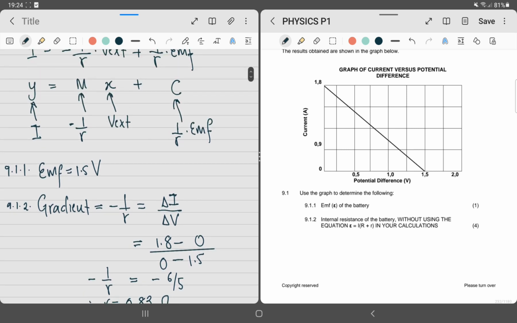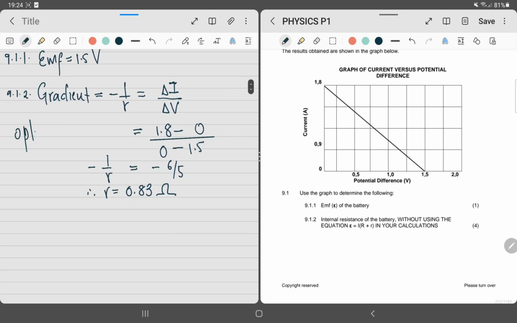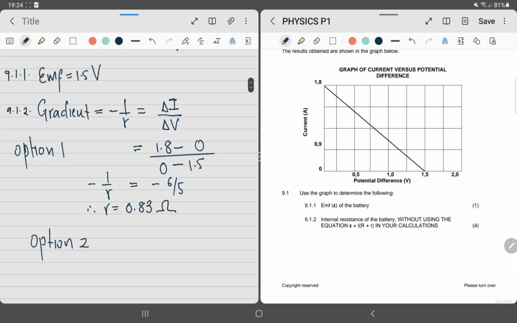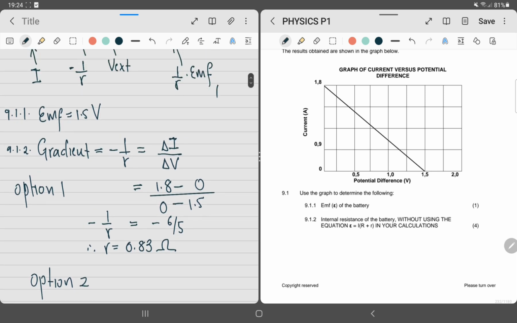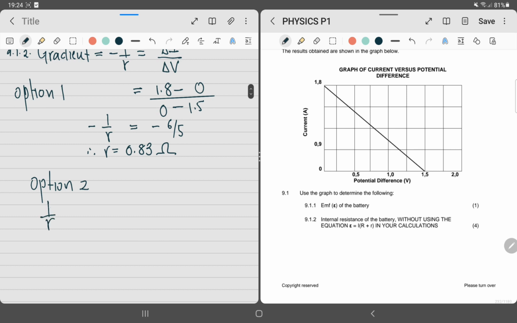So another way that we can look at this is option 2. We know that the y-intercept is equal to the whole of that. So 1 over R multiplied by the EMF should be equal to the y-intercept.